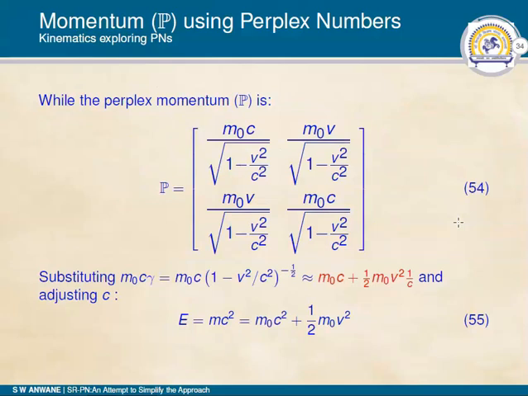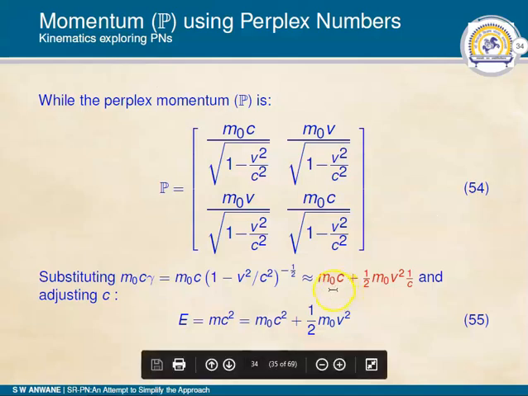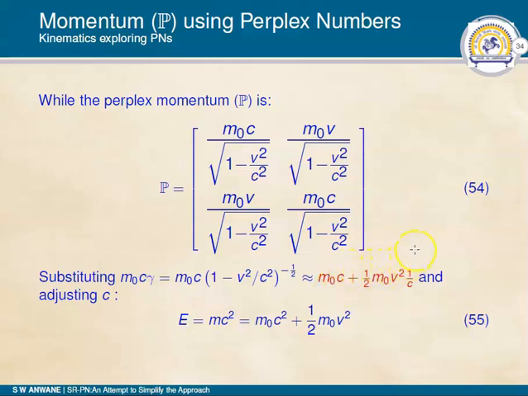P is equal to m0c upon under root of 1 minus v square by c square, and the second element m0v upon under root of 1 minus v square by c square. In the cross representation they appear in the second row, so I don't repeat that. Substituting m0c gamma after expanding by binomial expansion of 1 minus v square by c square to the power minus 1 by 2, we can write approximately m0c plus 1 by 2 m0 v square into 1 by c.